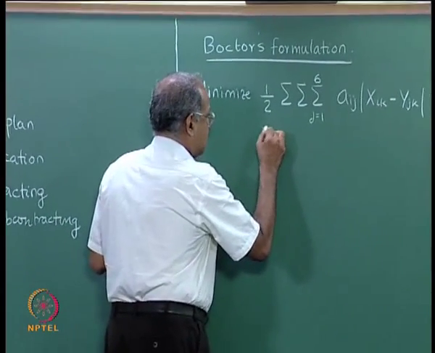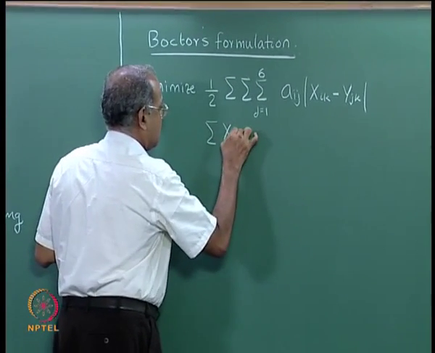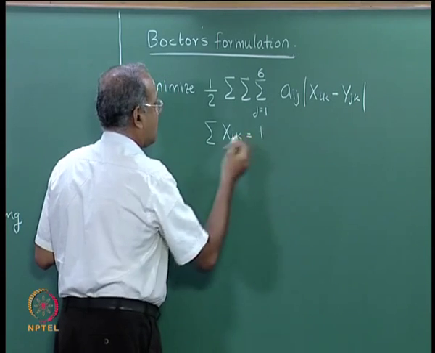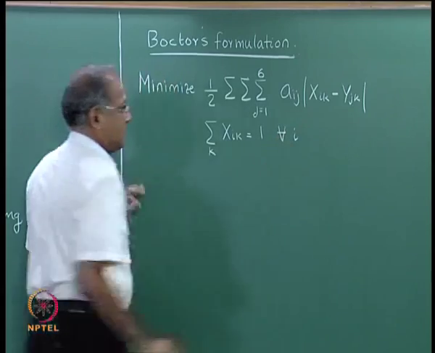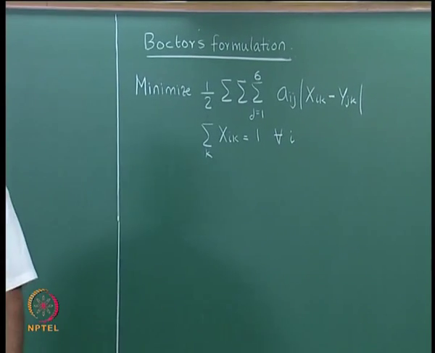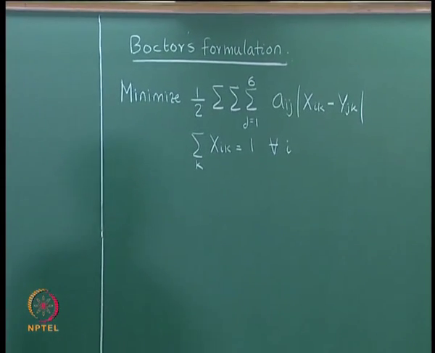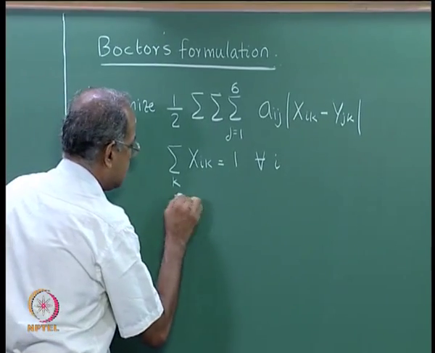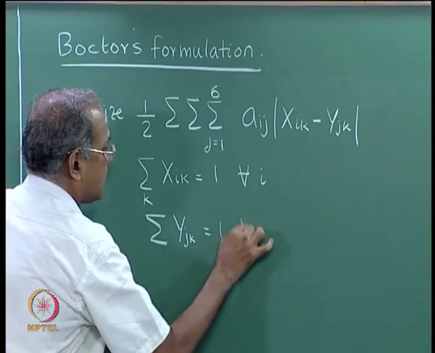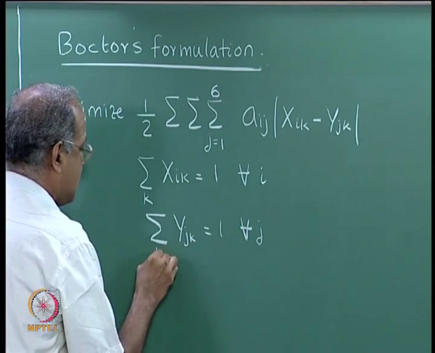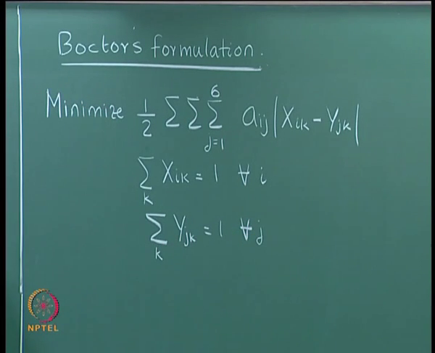Subject to the condition sigma x_ik equal to 1 summed over k for every i. Each machine goes to only one group. Sigma y_jk equal to 1 for every j summed over k.